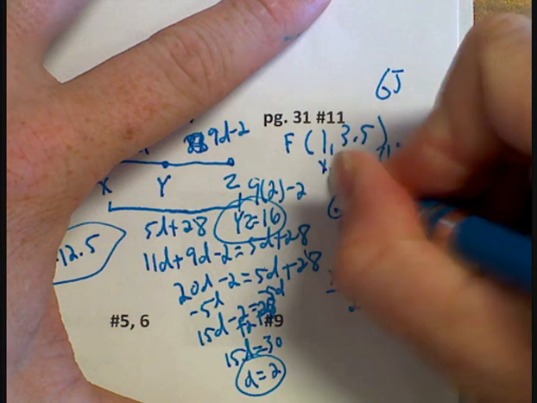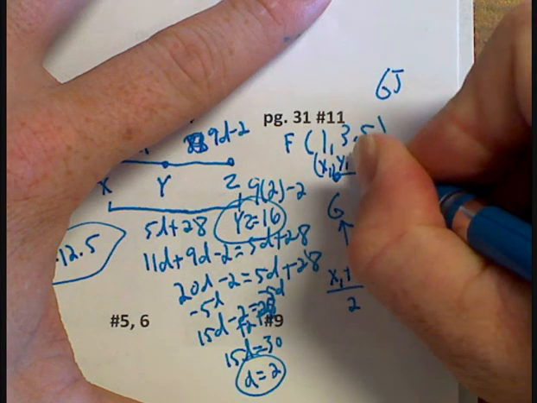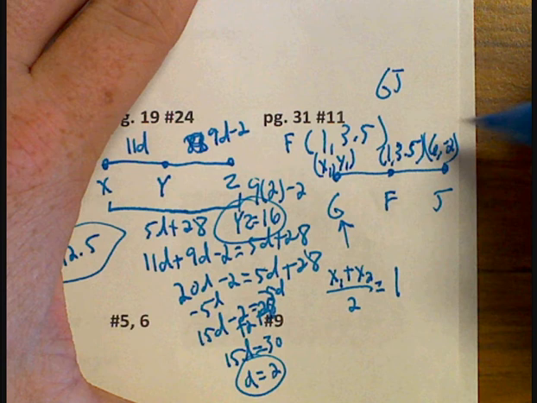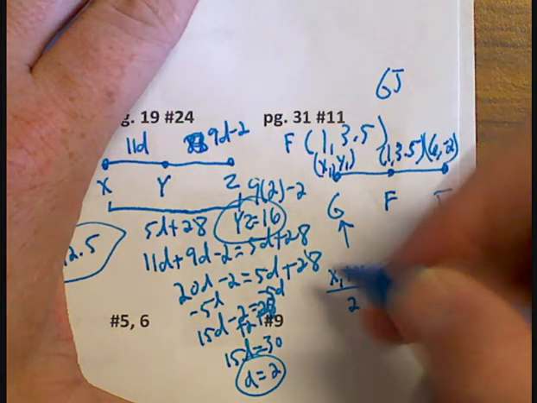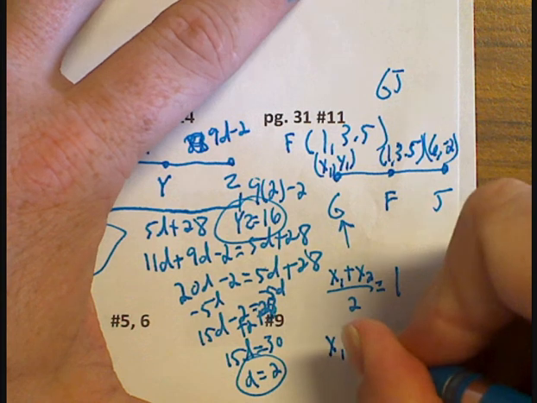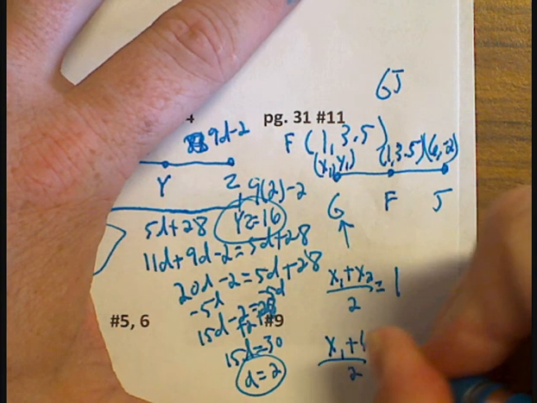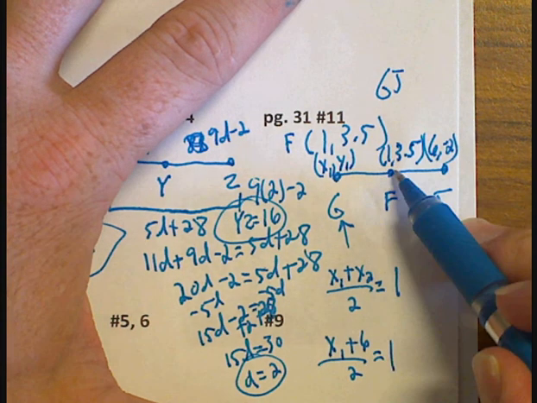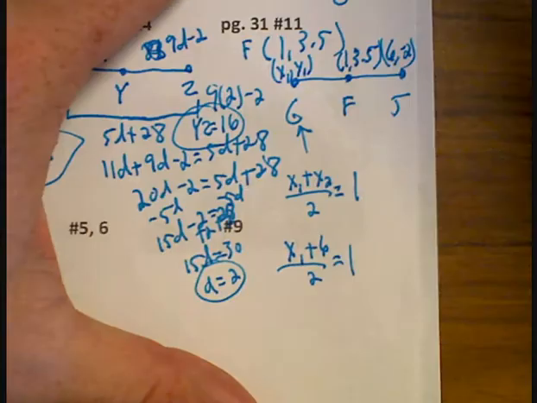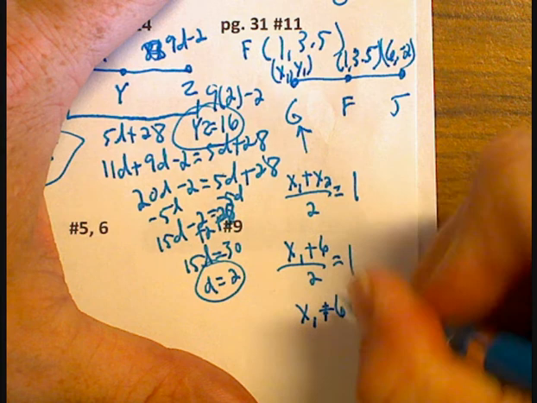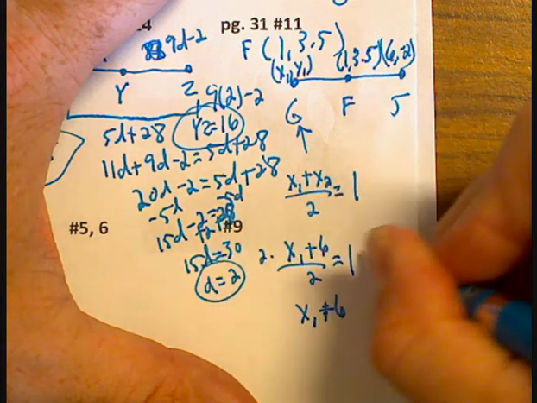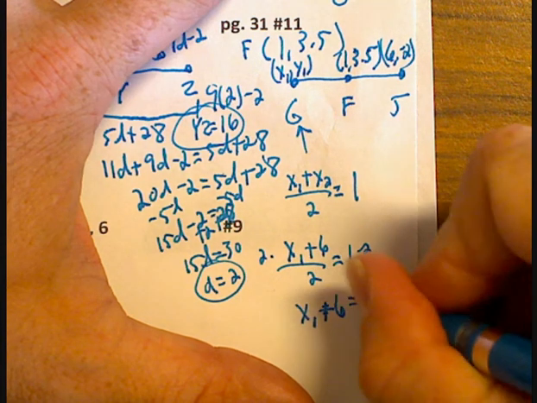I don't know my x1 value, and I don't know my y1 value for G. So I would have x1 plus 6 divided by 2 has to equal my midpoint, 1. So x1 plus 6, I'm going to multiply both sides by 2, would equal 2.